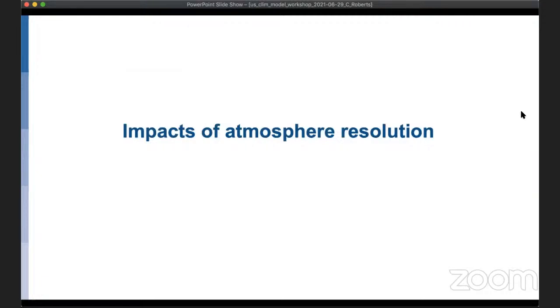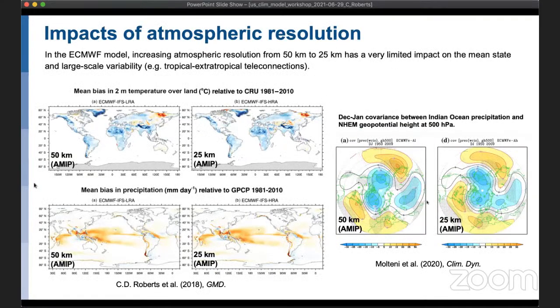So the next couple of slides are going to focus on the impacts of atmospheric resolution in these HighResMIP AMIP simulations. So generally speaking, increasing resolution of our atmosphere from about 50 kilometers to about 25 kilometers has an extremely limited impact on the mean state and the large-scale variability.